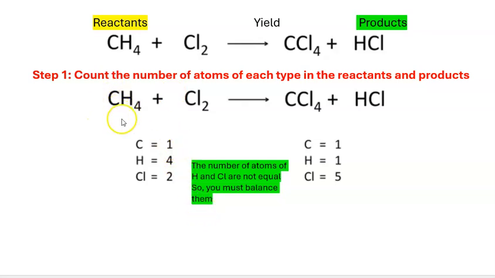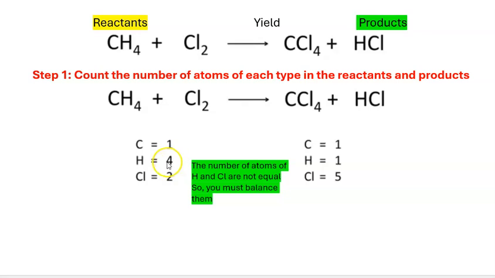As you can see here, only one atom of carbon, 4 atoms of hydrogen, and 2 atoms of chlorine in the reactants. In the products we have 1 carbon, 1 hydrogen, and 5 chlorine. Look at this. You have 4 chlorine here and 1 here.